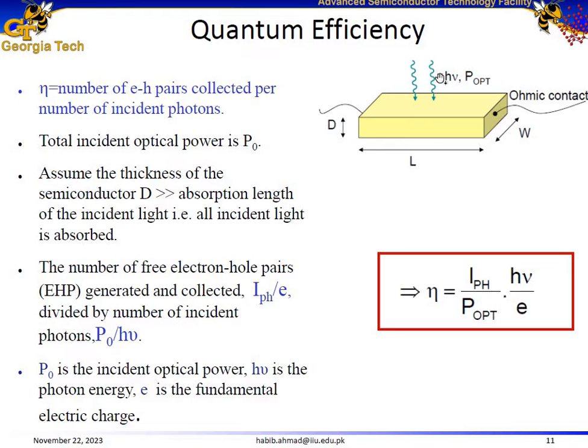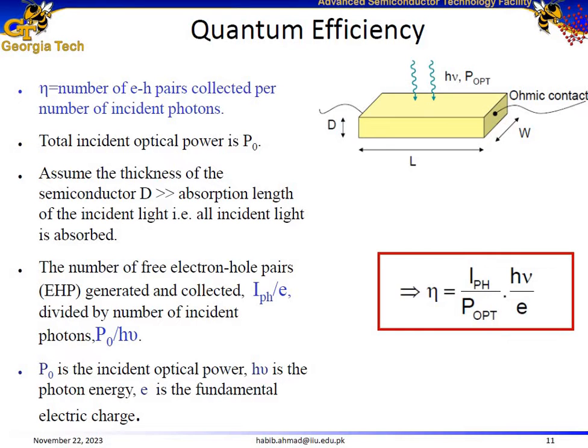Secondly, the energy of the incoming photons should be greater than the band gap of the semiconductor. If it is less, it's not going to result in the generation of electron hole pairs. So it is another factor leading to a reduction in the quantum efficiency of these photodetectors.